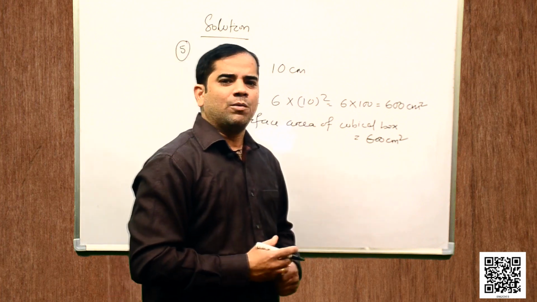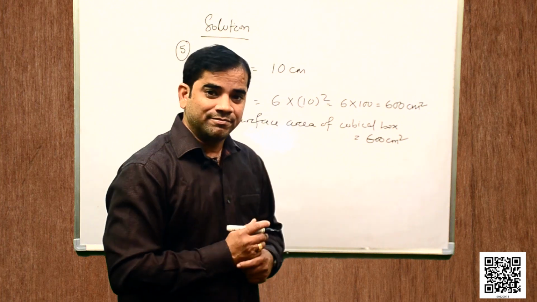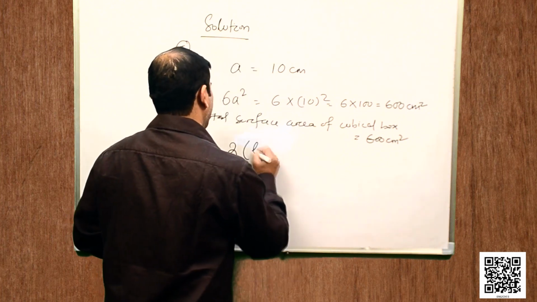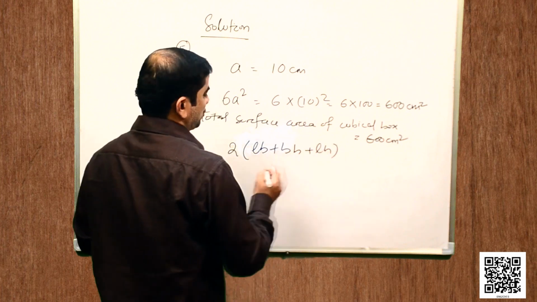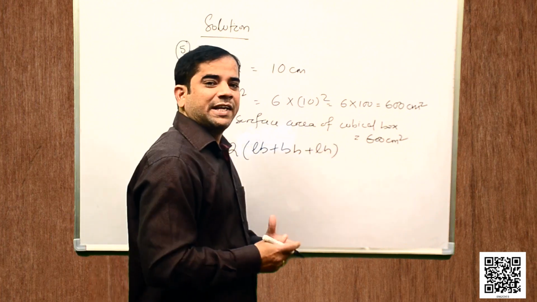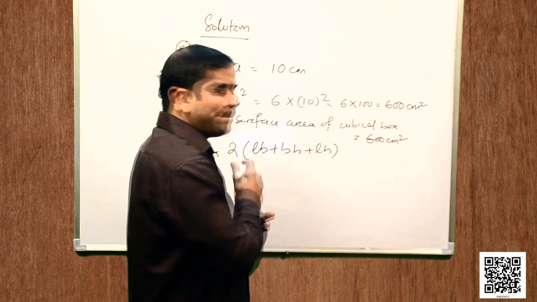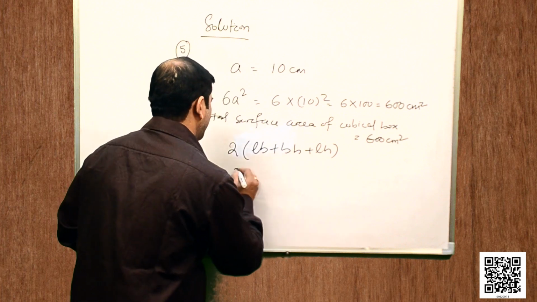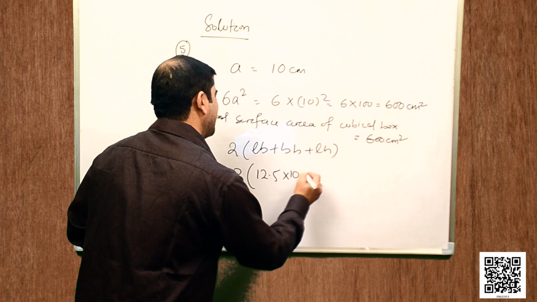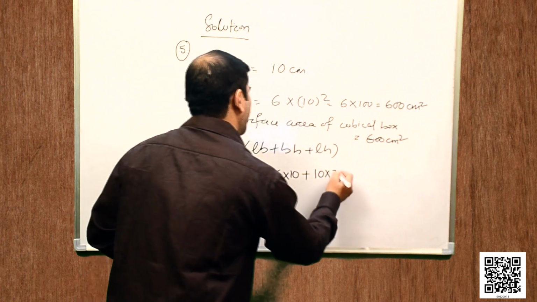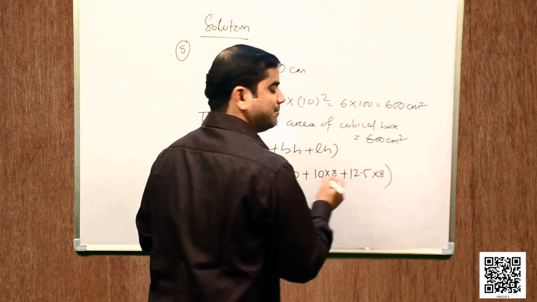Okay. Now what is the formula for the total surface area of a cuboid? It is 2 into LB plus BH plus LH. We have the given values, so we just need to substitute them in the formula. So it becomes 2 into 12.5 into 10 plus 10 into 8 plus 12.5 into 8.